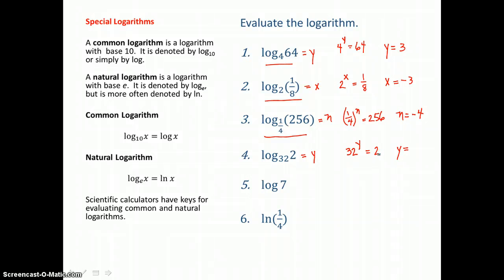So I'm going to ask myself, how many factors of 2 are in 32? And I know that there's 5 factors of 2 in 32. So I'm going to raise 32 to the 1/5 power in order to get 2. Because 32 to the 1/5 power is the same as the 5th root of 32. And the 5th root of 32 is equal to 2. So this log just has a value of 1/5.